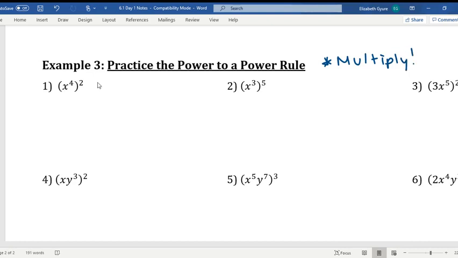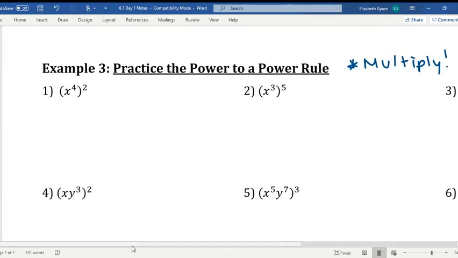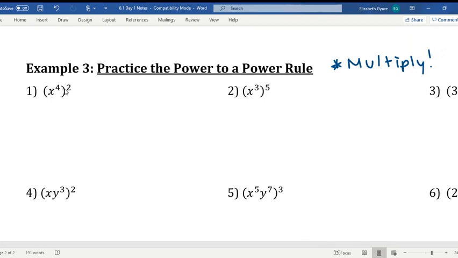Here we have x to the fourth squared. So raise them high because you have an exponent to an exponent and multiply. 4 times 2 is 8. Good job. So it would be x to the 8. And that's it. You're done with that one.